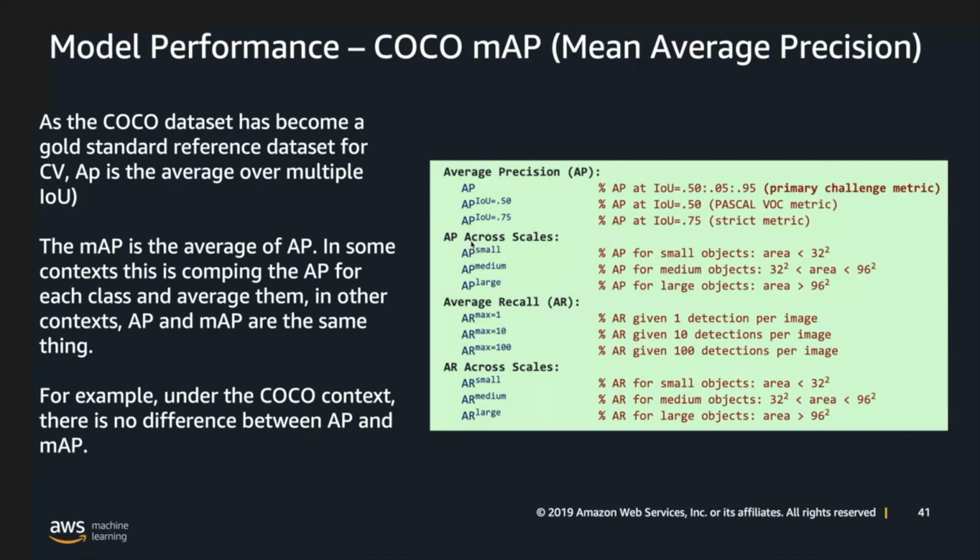Just to say, in the context of average precision and mean average precision, it makes no difference. It's terminology that is interchangeable and effectively got introduced by the COCO researchers. So you can use those interchangeably.